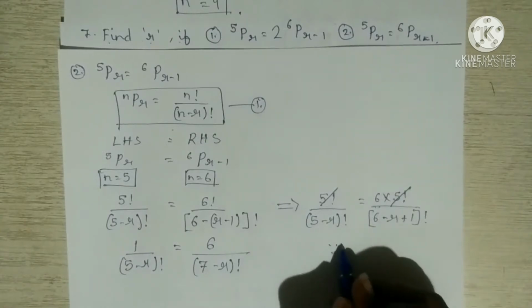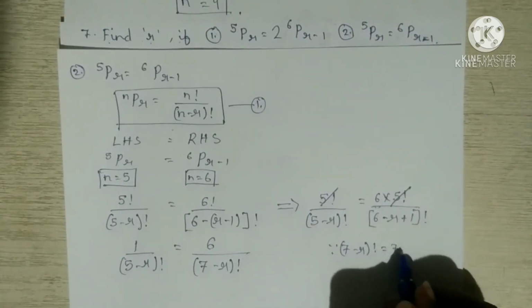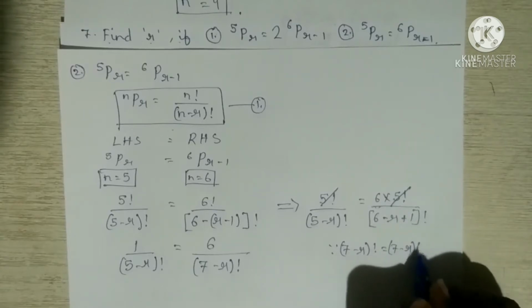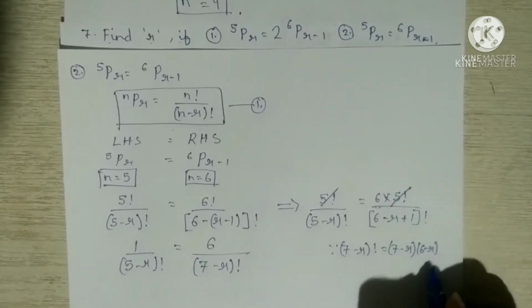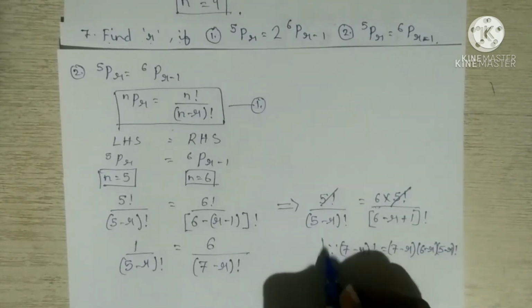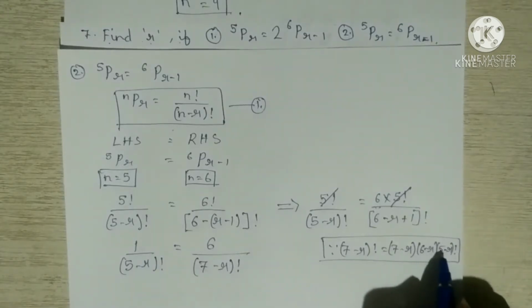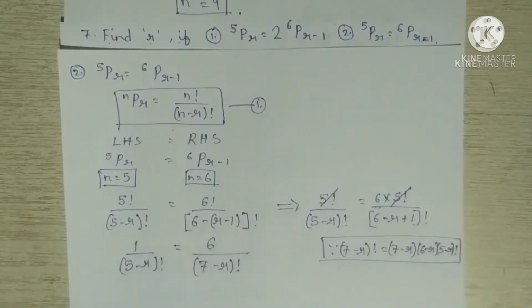Okay, (7 minus r) factorial can be written as (7 minus r) into (6 minus r) into (5 minus r) factorial. You can bring this to (5 minus r) factorial so that it can be cancelled.